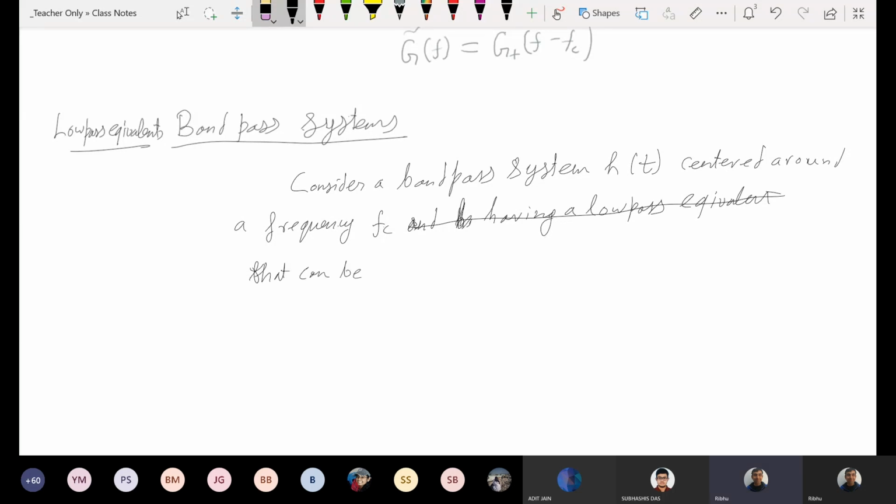FC that can be expressed in the form ht equals real part of h tilde t times e to the power j 2 pi fct.